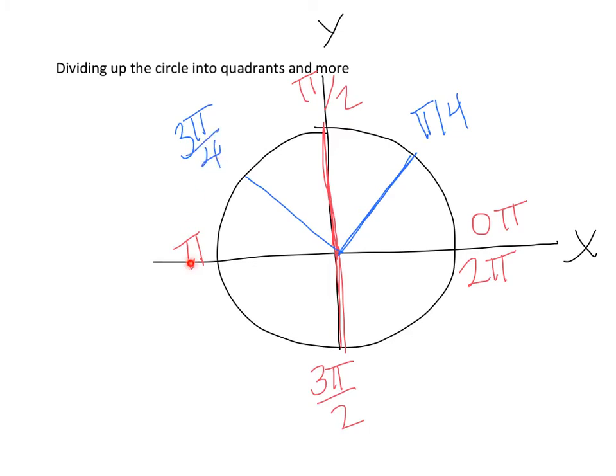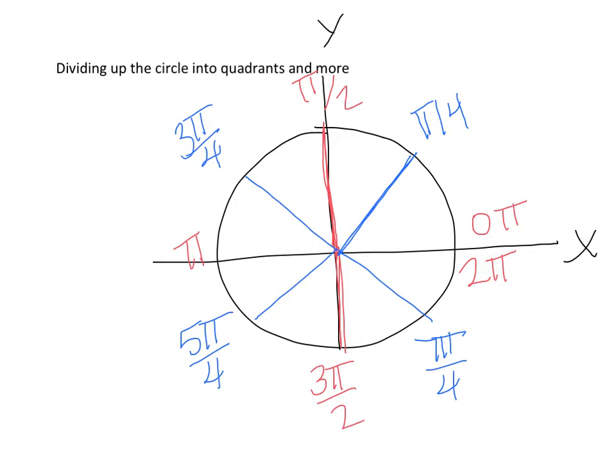And then this is 4 pi over 4. My next quarter, you just keep counting around, is 5 pi over 4. Then you've got 6 pi over 4, which reduces to 3 pi over 2. And then 7 pi over 4. And of course we end with 8 pi over 4, which is 2 pi. So here it is divided up into quarters.